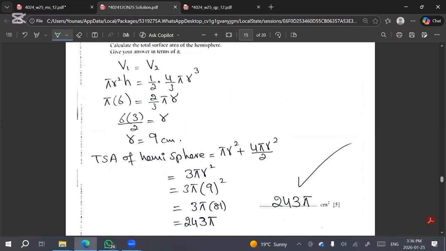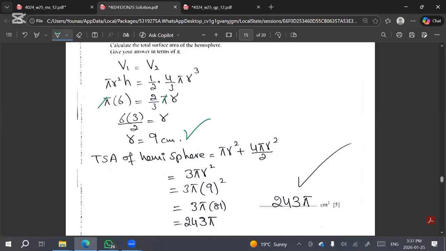So pi will be cancelled, r square and r square here will be cancelled. So you are left with the height, which is 6. And then you are left with the 2 by 3. This 2 and 4 have been cancelled, and pi will be cancelled. And then you are left with r is equal to 6 into 3 by 2. So the r is equal to 9. So the radius of both the shapes, the hemisphere and the cylinder, is 9.